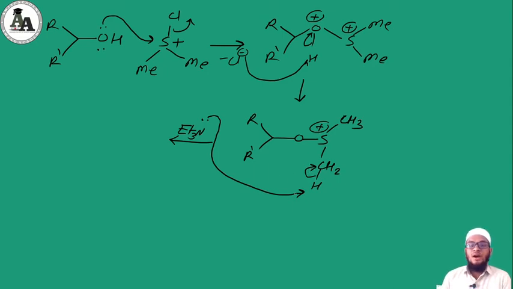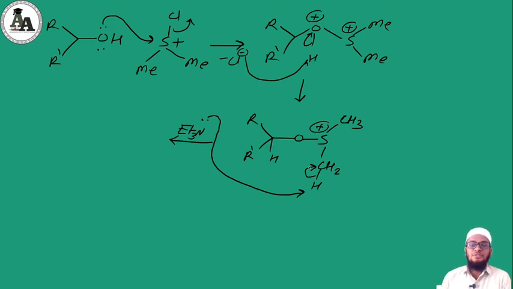Now look here, why is it abstracting this hydrogen, why not this hydrogen? Because this sulfur is in a positive charge, so this carbanion will form a stable structure by resonating with sulfur. So here we have one resonating structure, but if you take one hydrogen from here, it will have negative charge and will not go in resonance with anyone.